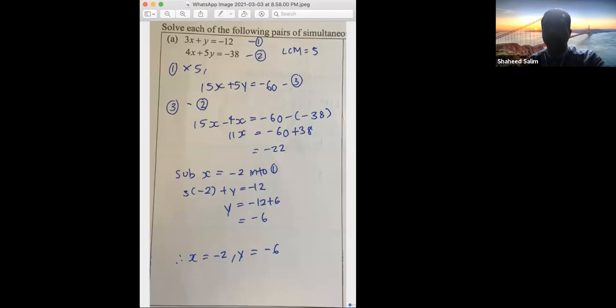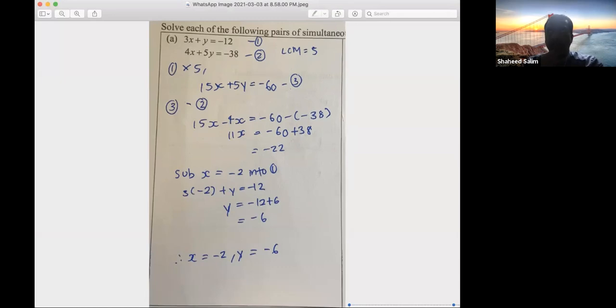Okay. LCM is 5. Hold on, let me just see. Why do you say that LCM is 5? 5y.